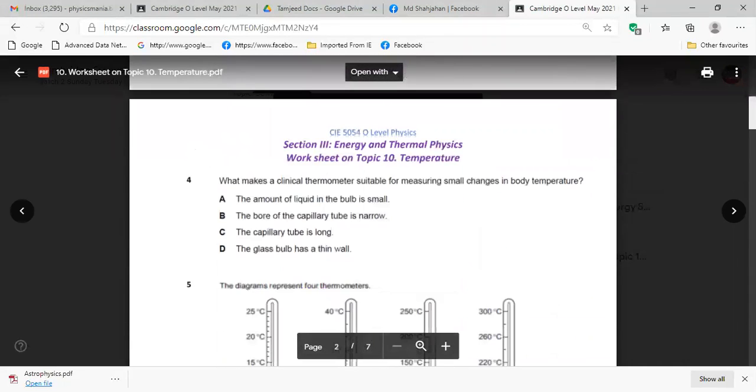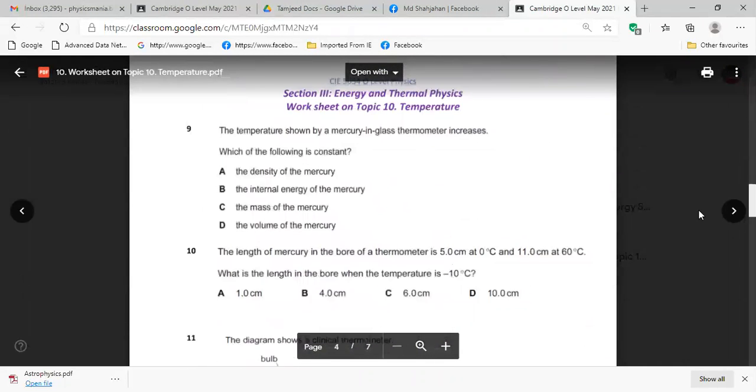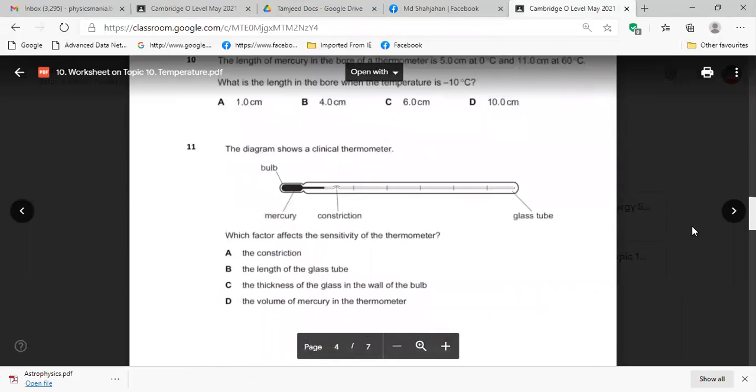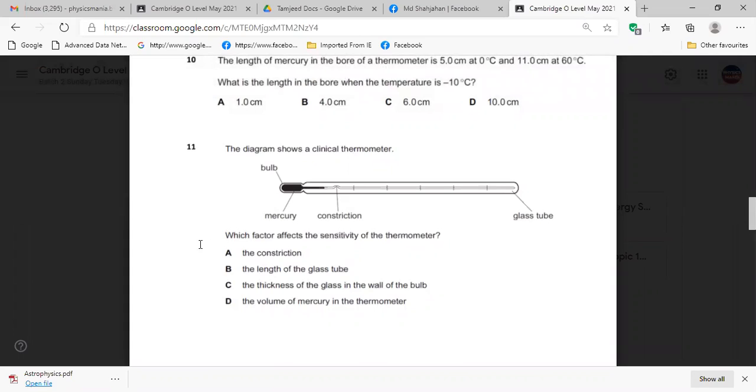Now, question number 11. Now you can get the answer. What should be the answer? Sensitivity depends on the thickness of the capillary tube.